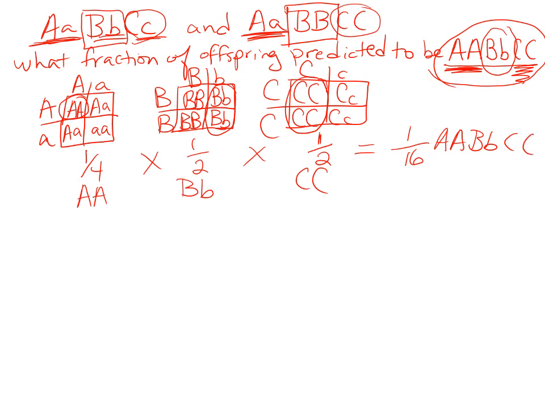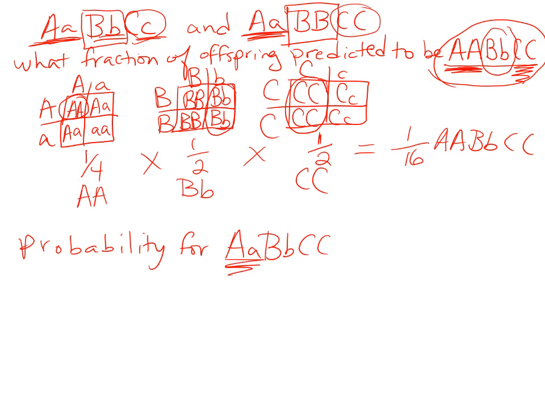I could then instead ask you the probability for heterozygous A, and then the remaining traits that we had above. Okay, and you would do it in the same way, except now, what's the probability of heterozygous in our first Punnett square? 1/2 of that Punnett square is heterozygous for A. The other values stay the same.